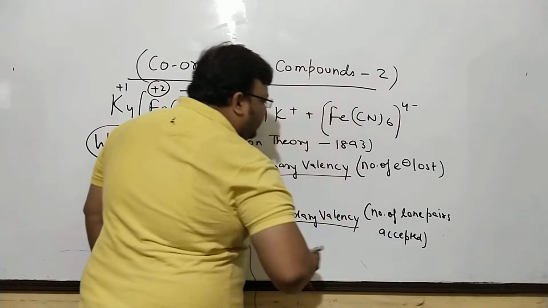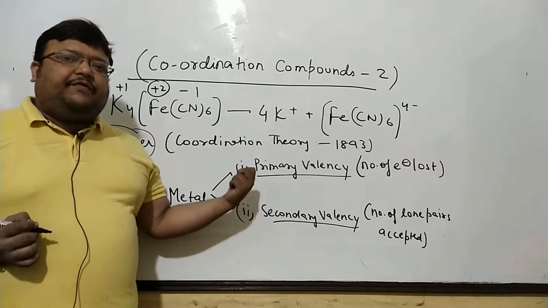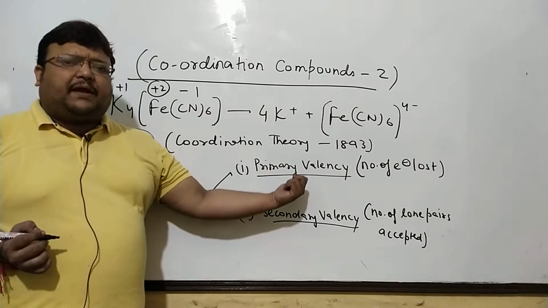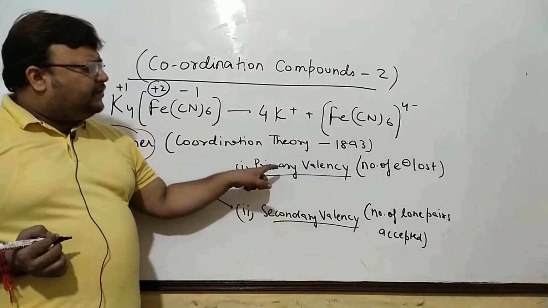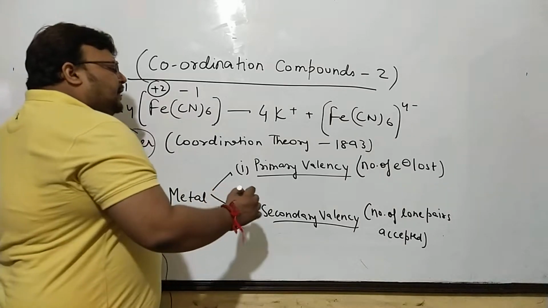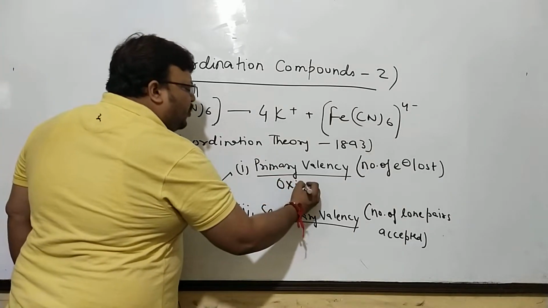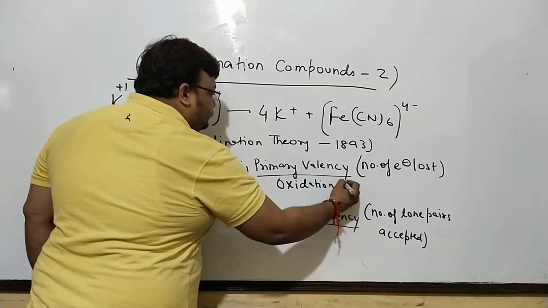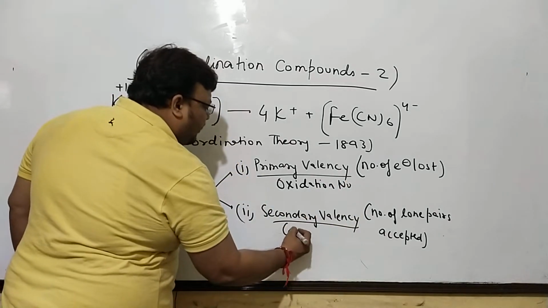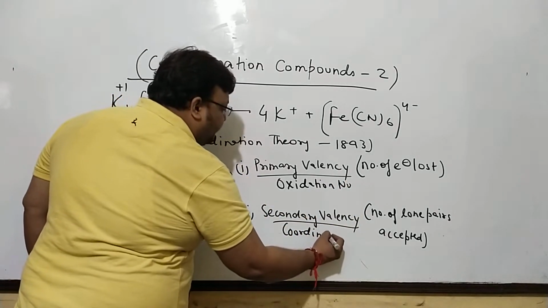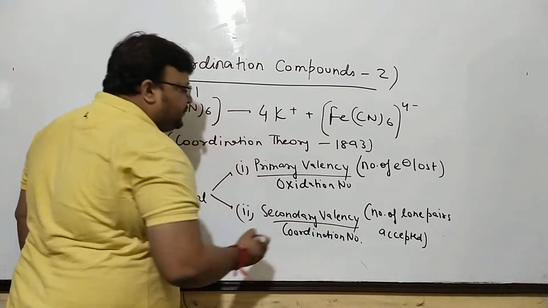So the theory says there are two natural tendencies of every metal. One, to lose a certain number of electrons, the primary valency, now more popularly called the oxidation number, and the secondary valency, now more popularly called the coordination number.